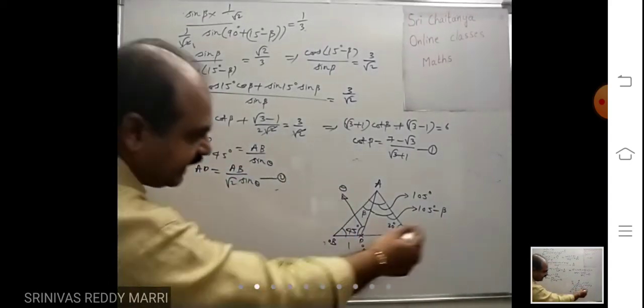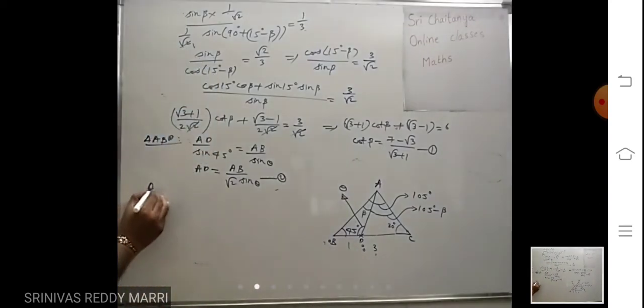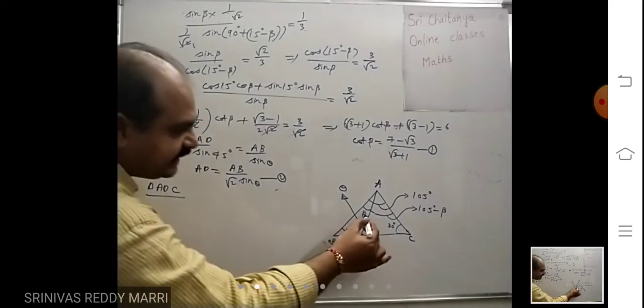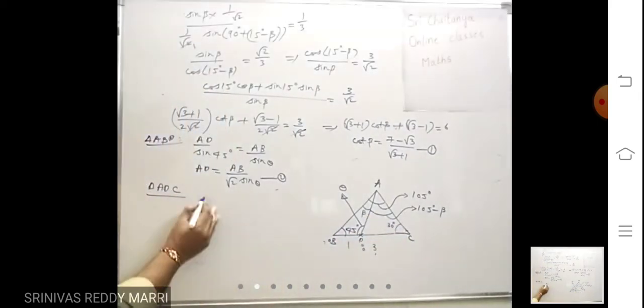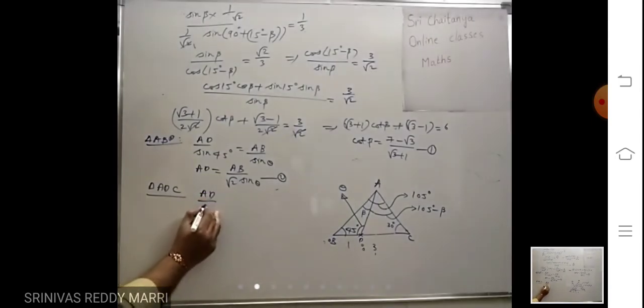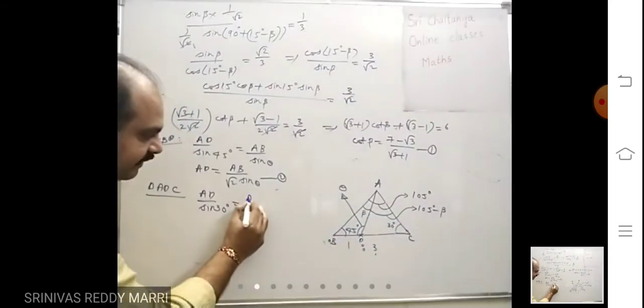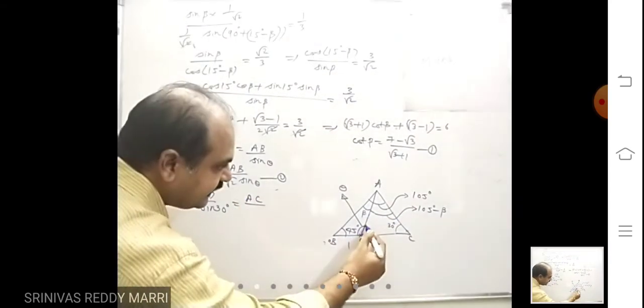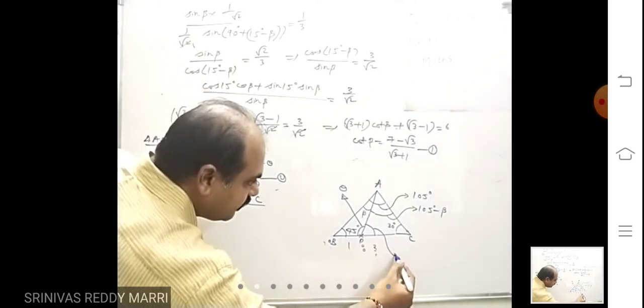Now I am taking triangle ADC. AD divided by sine 30 equals AC divided by sine of the angle. If this is angle theta, this angle is what?